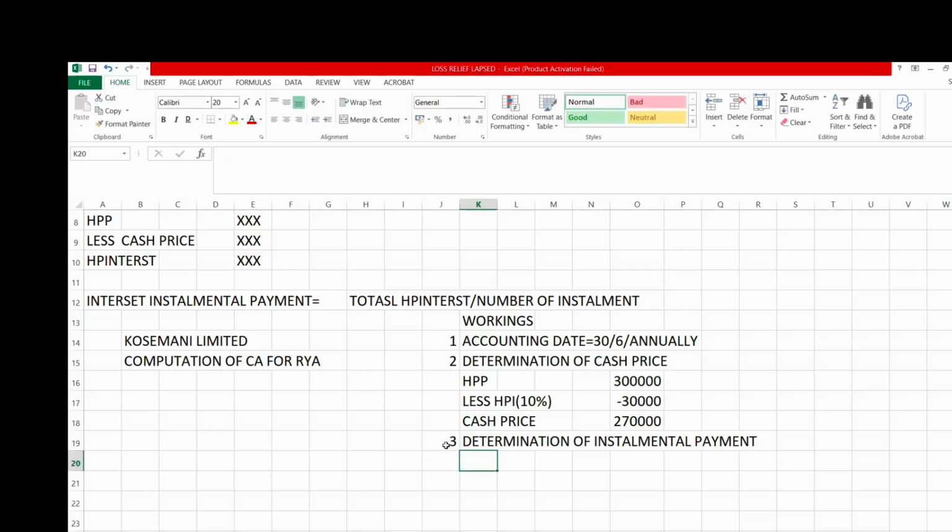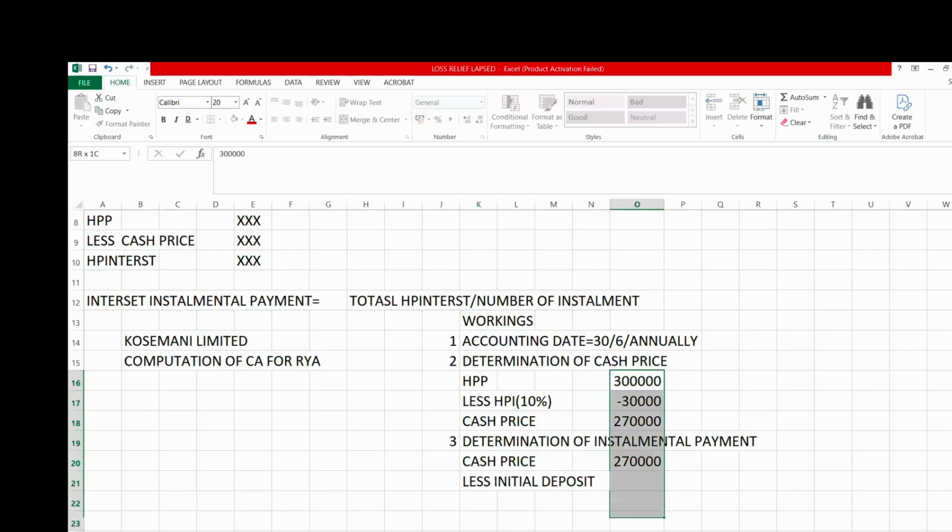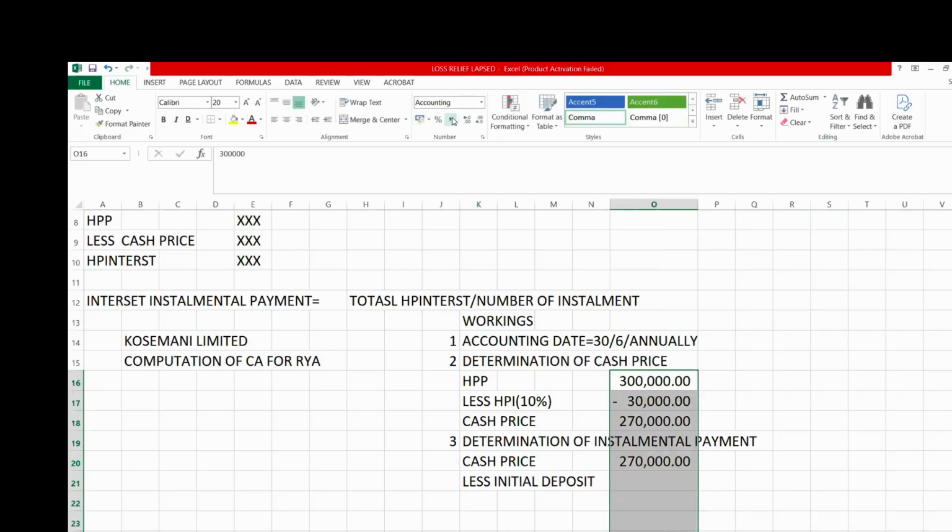How do we determine that? We have the cash price of 270,000. You now say less initial deposit. How much is the initial deposit to be paid by this person?